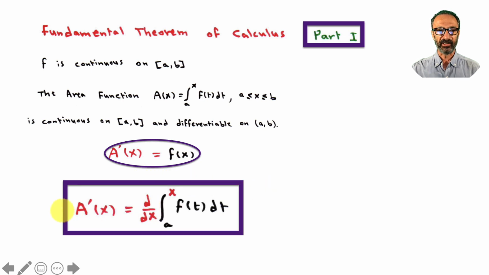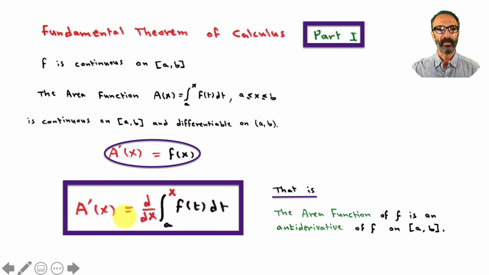A prime of x is the derivative of the area function. This is the area function, d dx applied to it. That is, the area function of f is an antiderivative of f on the interval a to b.